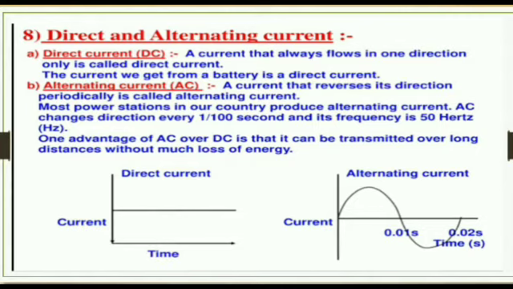Now see this, the graphical representation of current against time. For direct current, it is always constant. But on this side, for alternating current, see the peak values are like this. Every 0.1 second it changes direction, right? This is the current, and here is time.